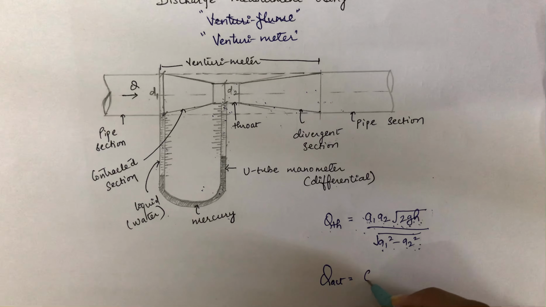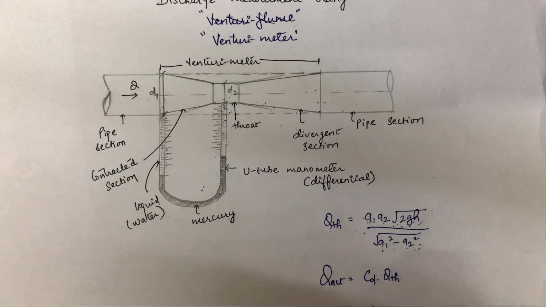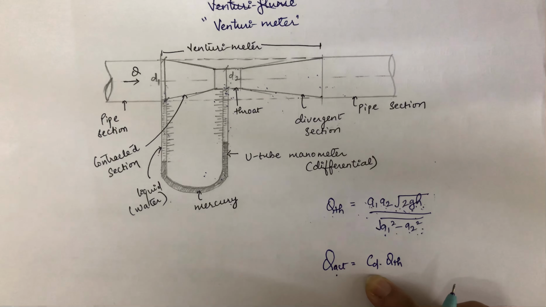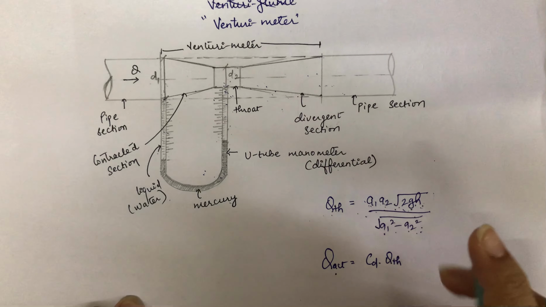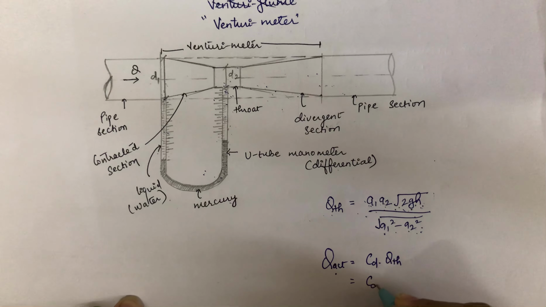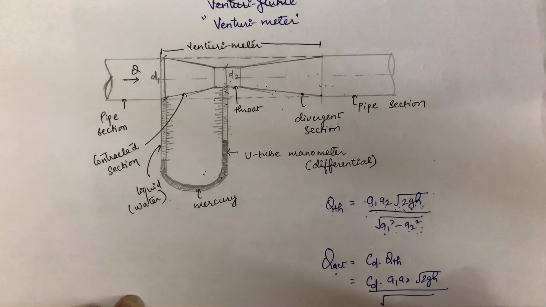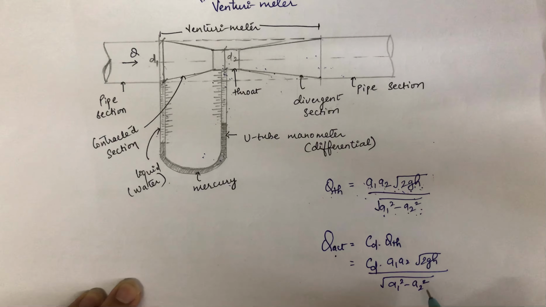Whenever you want to calculate the actual discharge, you can use this formula, where CD is the coefficient of discharge and Q theoretical is this value. So my equation will become CD into A1 A2 under root of 2 GH upon under root of A1 square minus A2 square.